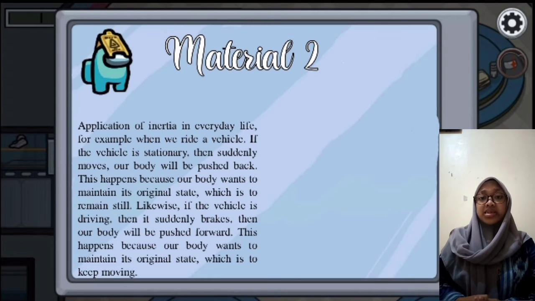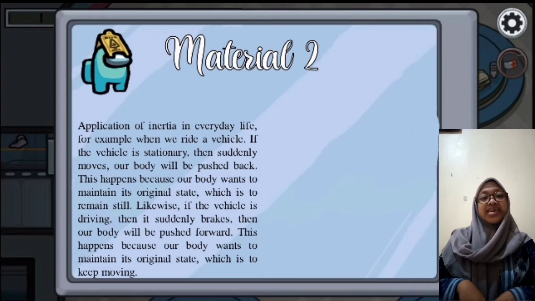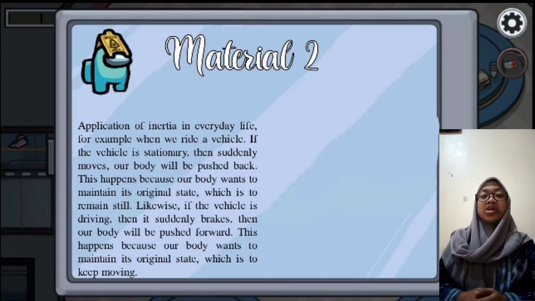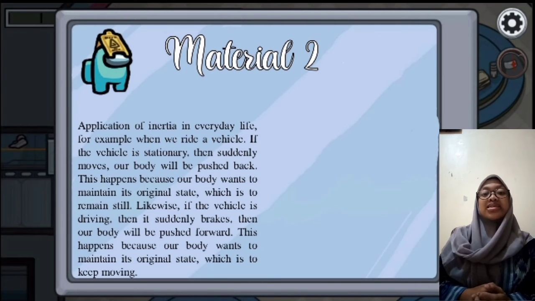Likewise, if the vehicle is moving and then suddenly brakes, our body will be pushed forward. This happens because our body wants to maintain its original state, which is to keep moving.